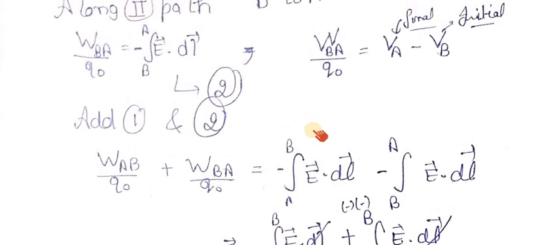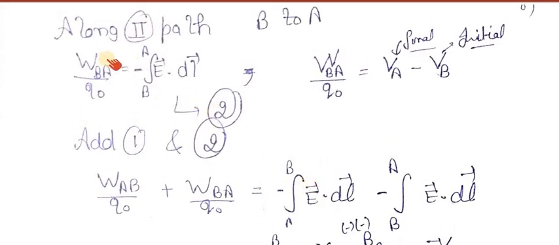Yes, this is along the second path. वर्क डन टू B A, दैट मीन्स अब इनिशियल पोजीशन क्या होगी, B, क्योंकि अब आप बैक आ रहे हैं वापस सेकंड पाथ के along. तो B A माइनस E dot dl. ये माइनस क्यों होता है, क्योंकि F इज इक्वल टू माइनस QE लेते हैं. क्योंकि आपने अगर डायरेक्ट फर्स्ट लेक्चर देखा हो तो मैंने बताया था कि हम माइनस QE ले रहे हैं क्योंकि हम एक्सटर्नल जो फोर्स लगा रहे हैं वो इलेक्ट्रोस्टैटिक फोर्स के ऑपोजिट करते हैं. तो इलेक्ट्रिक फील्ड की डायरेक्शन कुछ और होती है और हम जो फोर्स करते हैं वो किसी और दूसरी डायरेक्शन पे करते हैं. So that is exactly opposite to each other. So F external जो हम apply कर रहे होते हैं वो इलेक्ट्रोस्टैटिक फोर्स के exactly opposite. So that's why the minus sign comes.